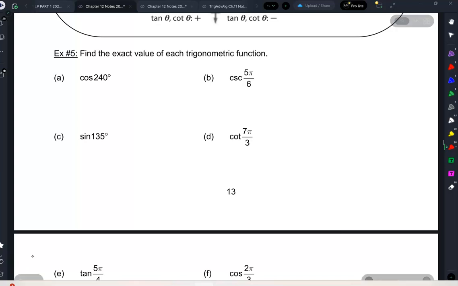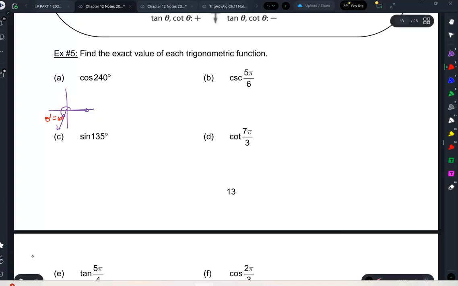All right, so here, 240 degrees. Well, let's see where that is. 240 degrees is here. Now, the reference angle here is 60 degrees.